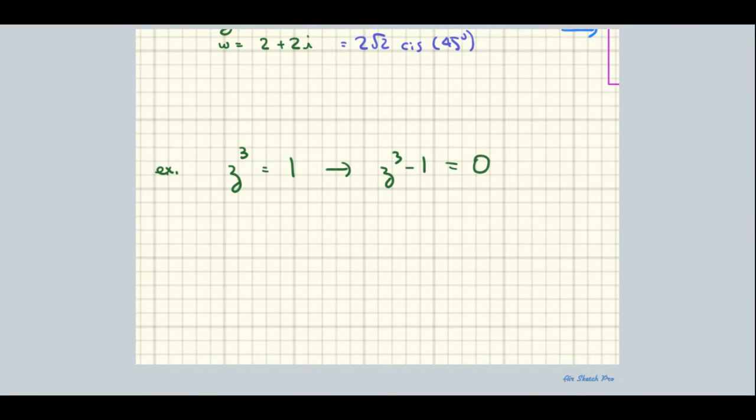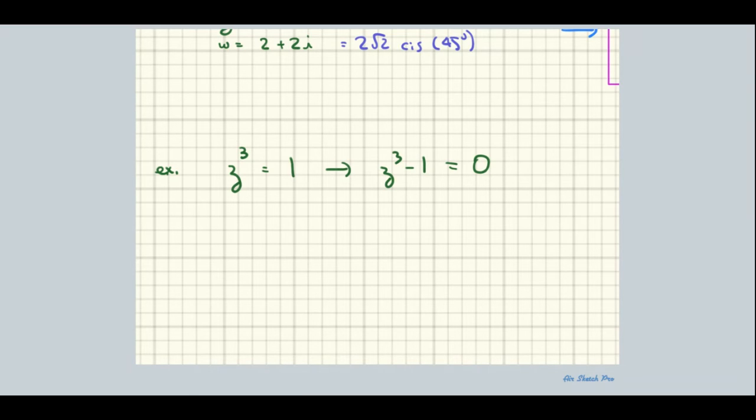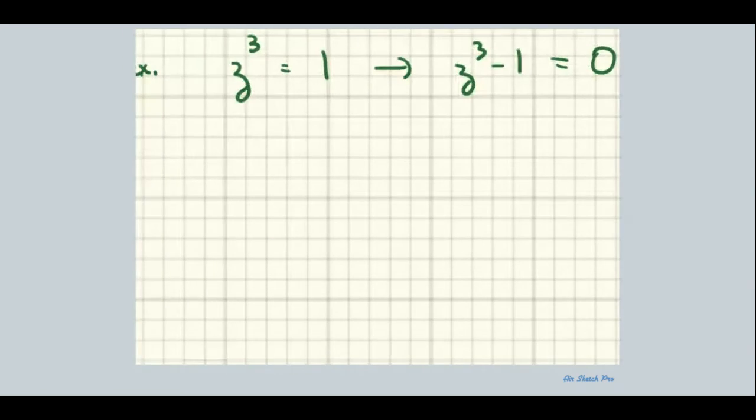This is equivalent to z cubed minus 1 equals 0. And as a polynomial, we know that has 3 roots, right? If I include the complex roots. What's really nice about this case is that we can visualize these solutions really nicely on the complex plane.